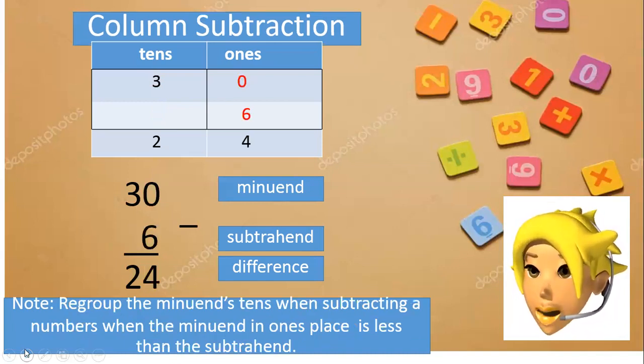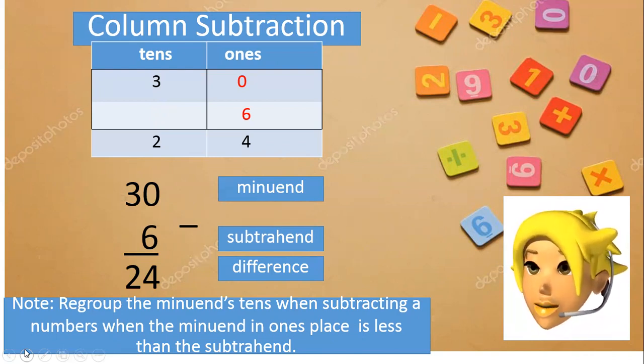In this slide, we're going to learn how to regroup the minuend tens when subtracting numbers where the minuend in the ones place is less than the subtrahend. I have here an example of column subtraction: 30 as our minuend minus 6 as our subtrahend.